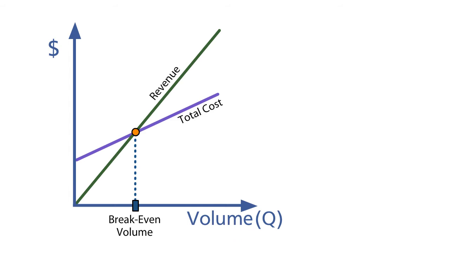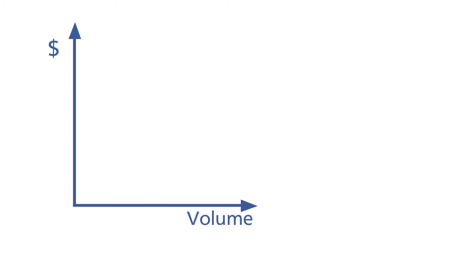Now, let's graph this in a slightly different way. Instead of showing cost and revenue as separate lines, instead let's show just one line, which is our profit. So first let's take a quick look at this algebraically. Our profit is our revenue minus our cost.